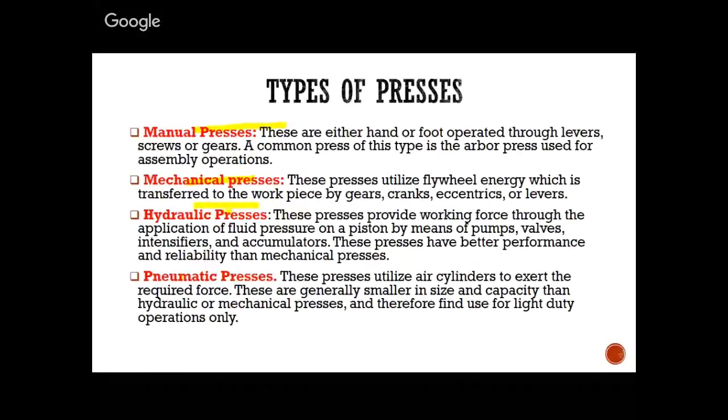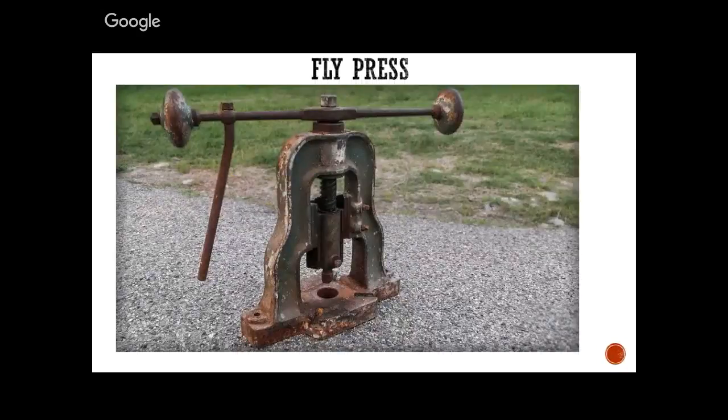In the picture you are seeing a model, or a practical application, of a fly press. If you observe this image, at both ends of this crank you have two balls. That's why this is also called a ball or fly press.